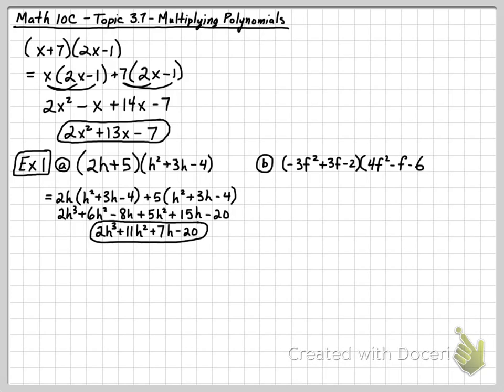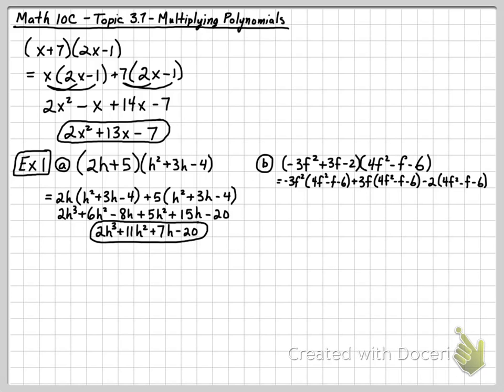Negative 3f squared plus 3f minus 2 times 4f squared minus f minus 6. Again, now we've got 3 terms times 3 terms, which we can do by taking the negative 3f squared times the second bracket plus 3f times the second bracket minus 2 times the second bracket.